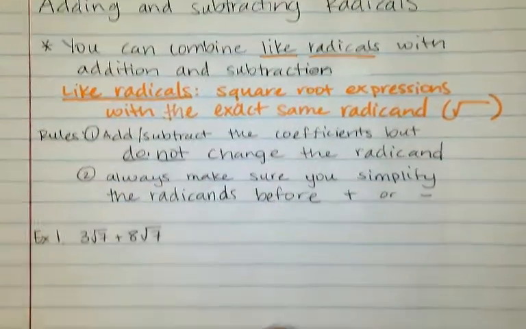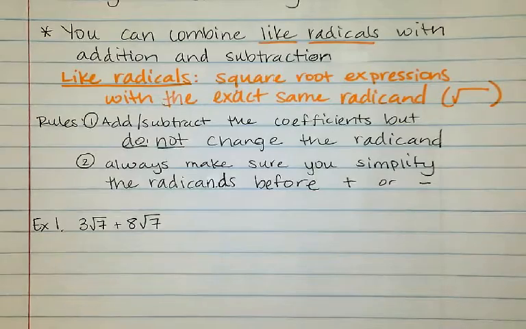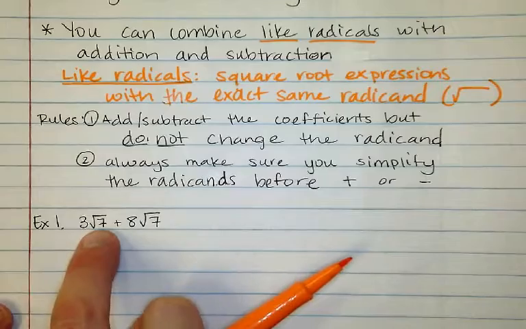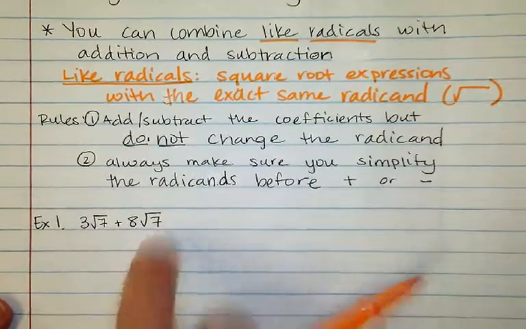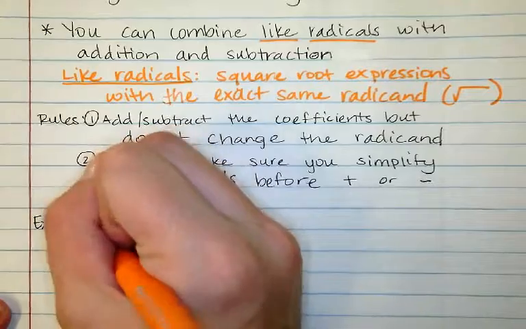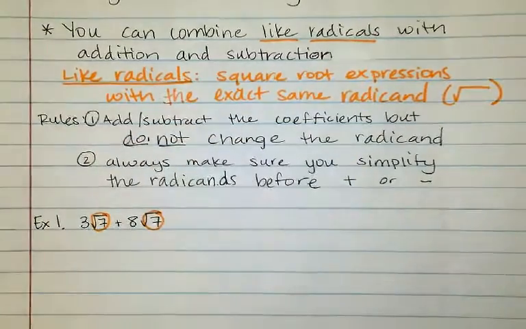First of all, let's look at my radicands, my square roots of 7. Can that be simplified at all? No, neither can that one. We both have square roots of 7 right here, don't we? So we can put those together.